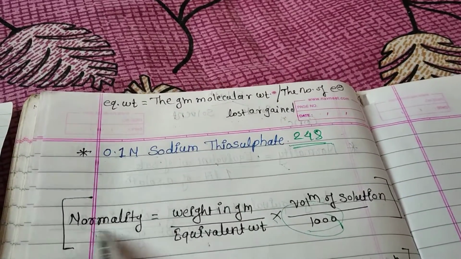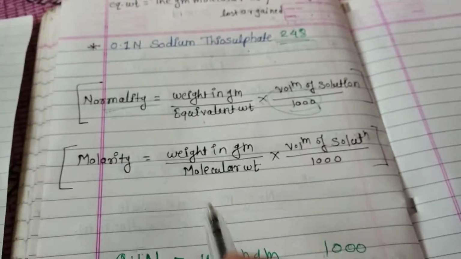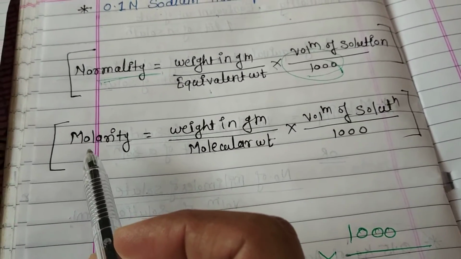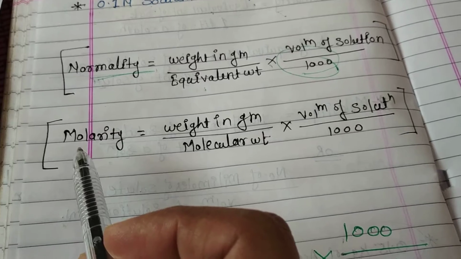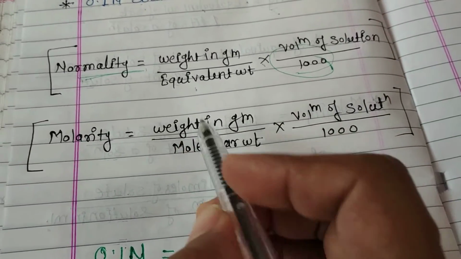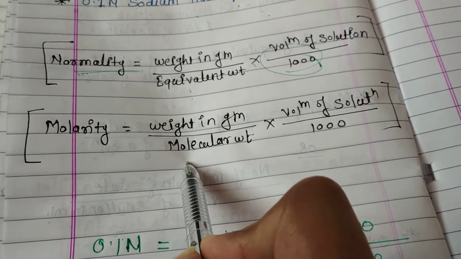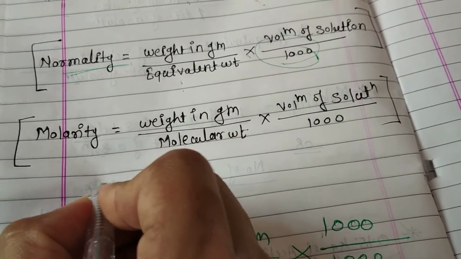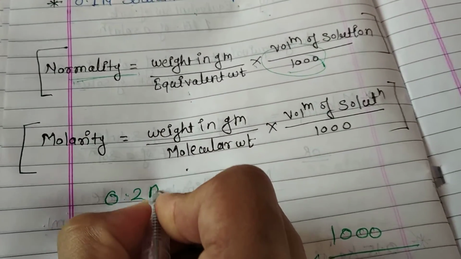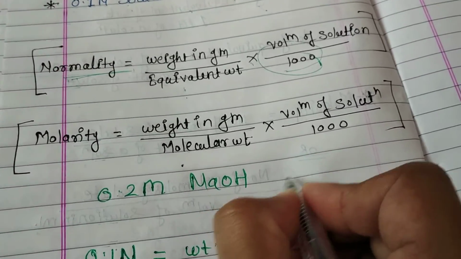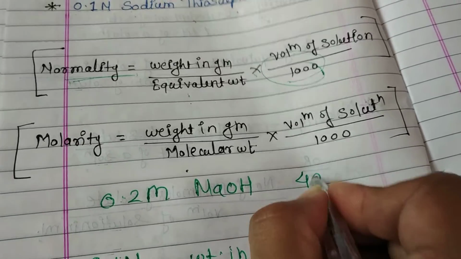We have to use this simple formula, but for a molar solution, to find out the molarity of the solution, the change in formula is only that equivalent weight is replaced by molecular weight. Suppose we have to prepare 0.2 molar NaOH solution. The molecular weight of NaOH is equal to 40.